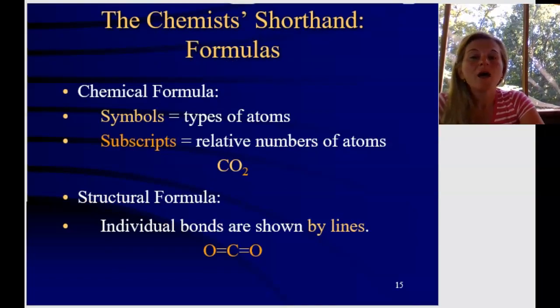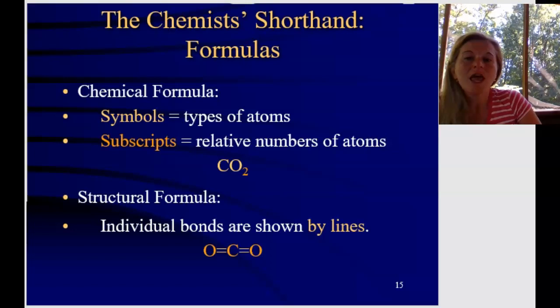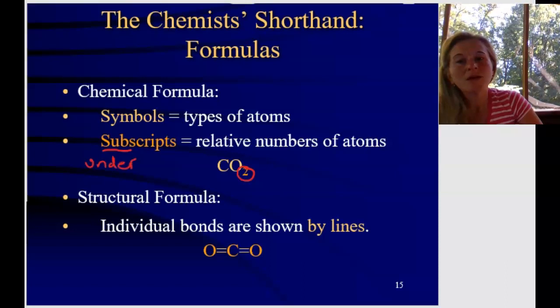All right, symbols. Remember that when we make a chemical formula, we are going to write our symbols. Here we have carbon and oxygen, and the little number down below is a subscript. Some people get that prefix confused. Think sub means under, like a submarine.